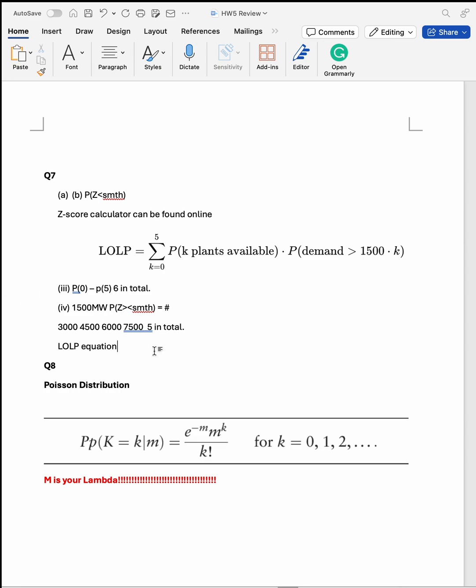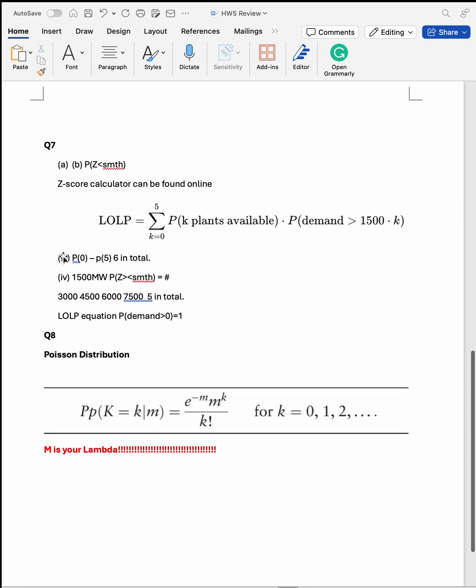One thing I just want to remind you of is that the probability of demand being greater than or equal to 0 is 1, because you have at least one generator running.